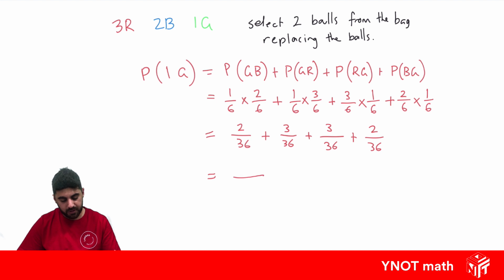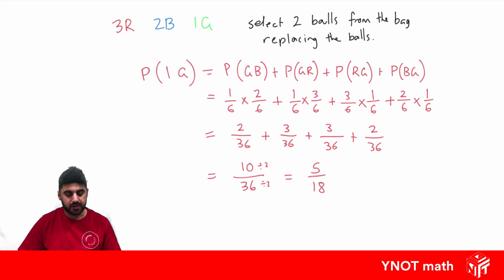Now they all have the same denominator, so we can just add their numerators together, which is going to give us 10 out of 36. And we can simplify this by dividing them both by 2 to give us 5 out of 18. So the probability of selecting 1 green ball from selecting 2 balls is 5 out of 18.